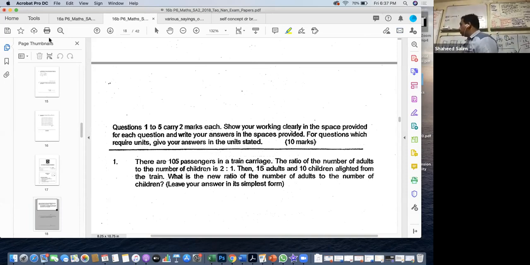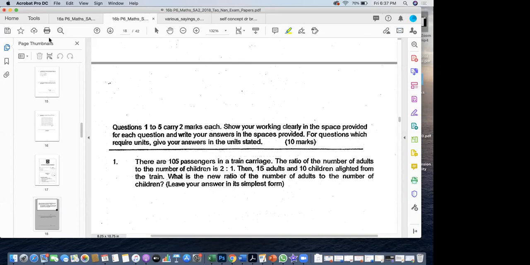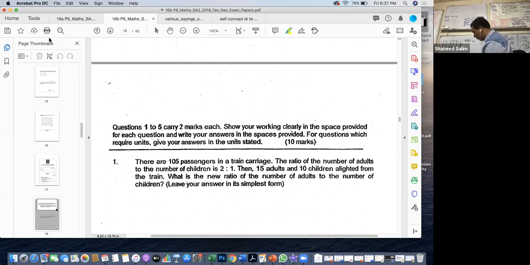Question number 1. Okay, not so tough. Anyone got the answer? All right, anyone getting the answer? Who have gotten the answer?